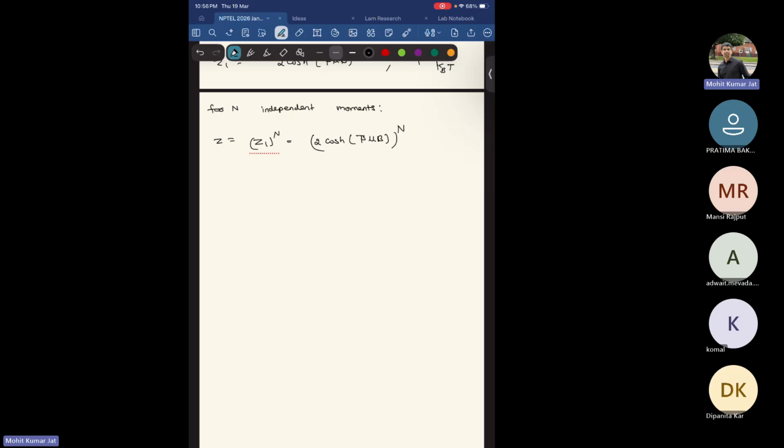Now we are supposed to calculate the free energy and the mean energy, right? So the free energy is nothing but the Helmholtz free energy.